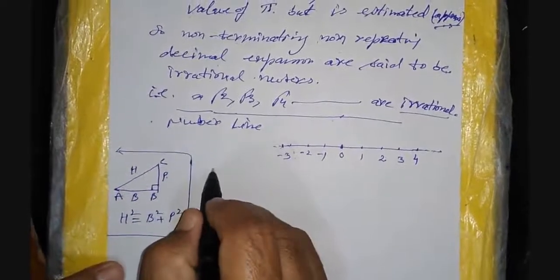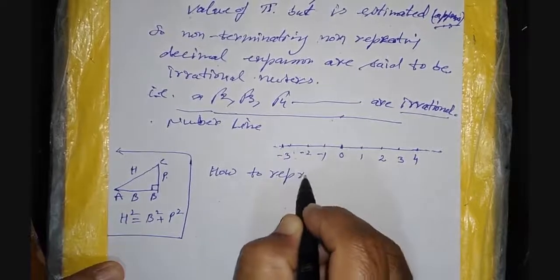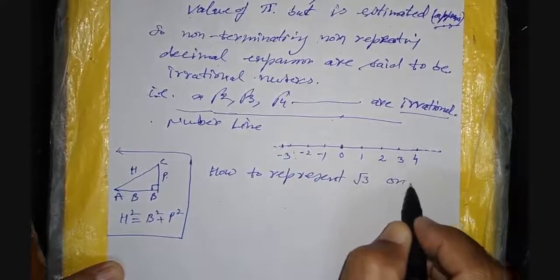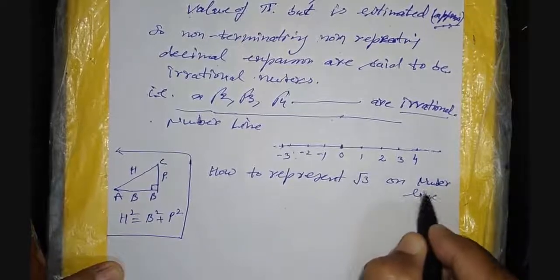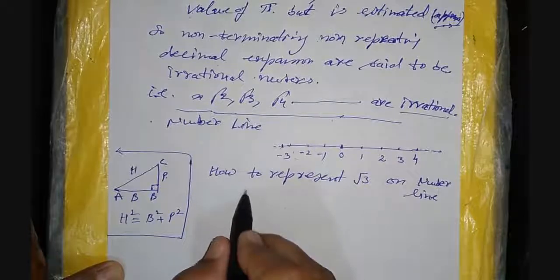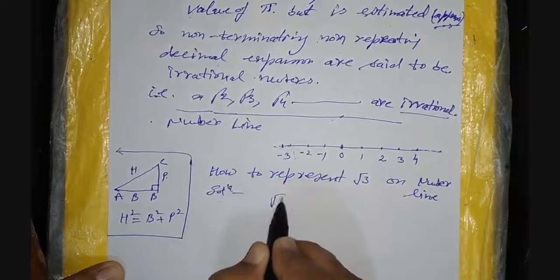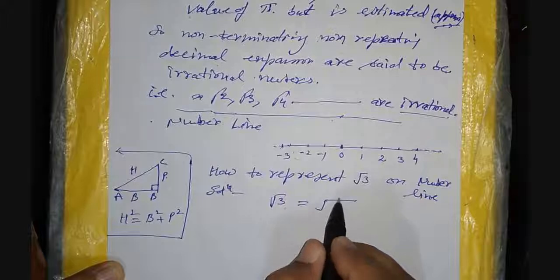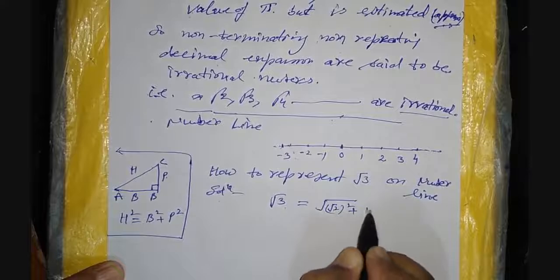Okay, this is the first point which is used. Now we will learn how to represent root 3 on the number line. The first step is to break root 3 into two values, that may be root 2 square and 1 square.